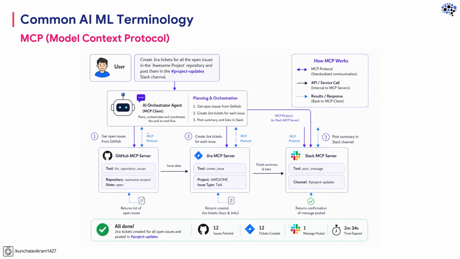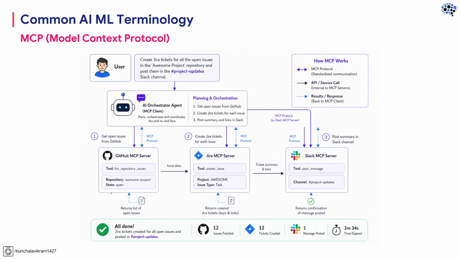Now the AI agent analyzes the request and plans the implementation steps. First it understands that it has to go to GitHub, fetch all the open issues, then create Jira tickets for each issue, and then post them in Slack. So first, for GitHub, it has access to the GitHub MCP server, and through it, it asks the GitHub MCP server to get all the issues in a specific repository.